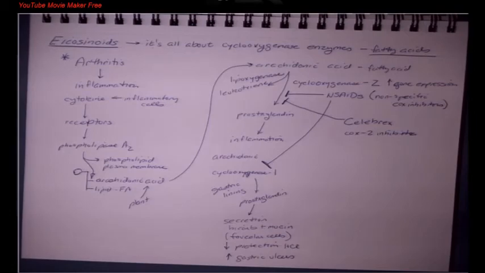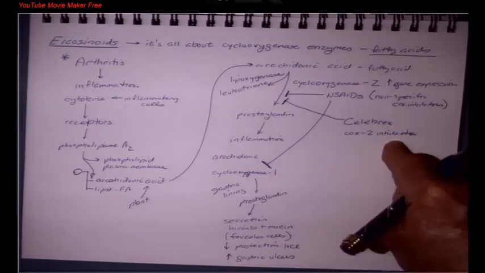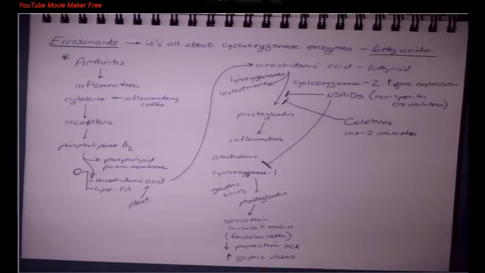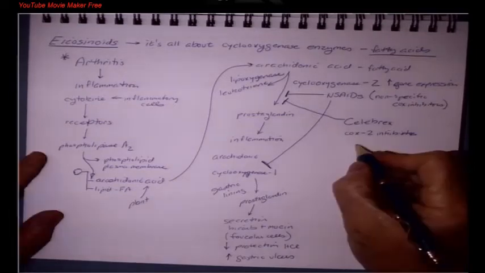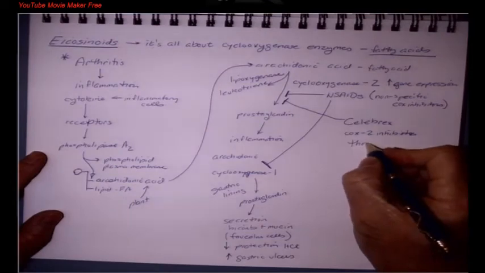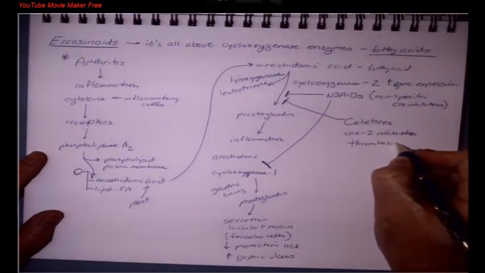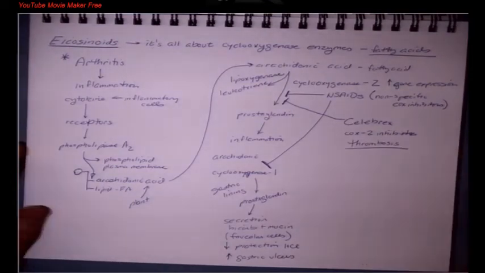Wow, that's a freaking miracle drug. So why don't you just give it to everybody that has arthritis? What are the side effects? Remember the side effects of this? Kind of a major side effect, right?